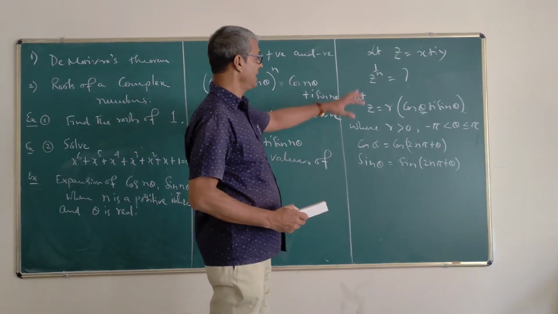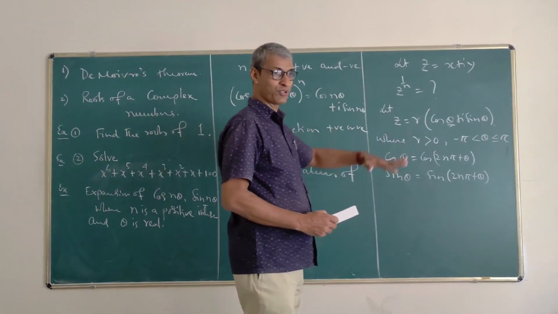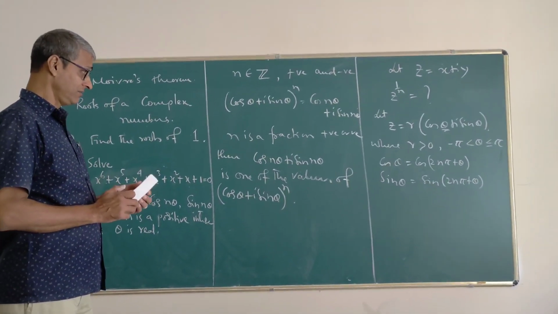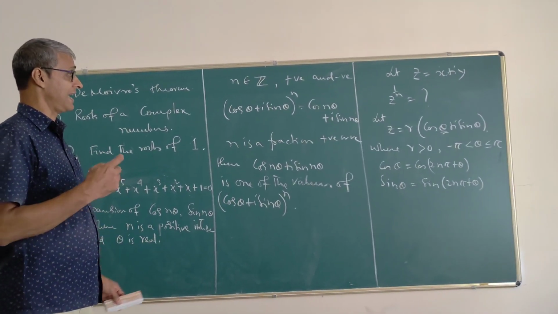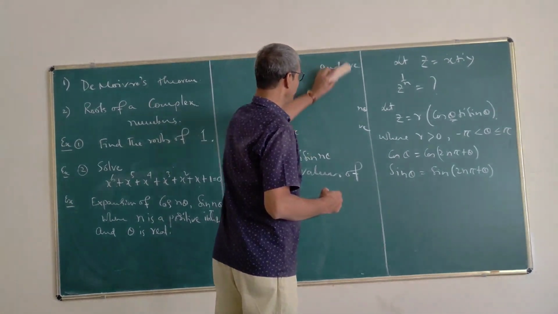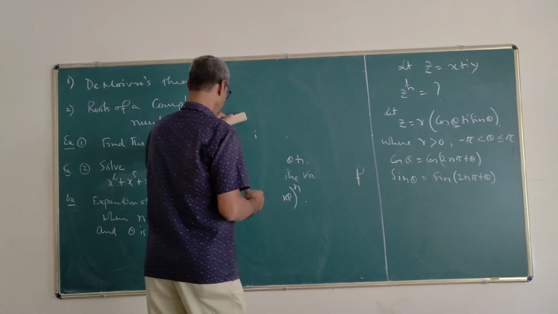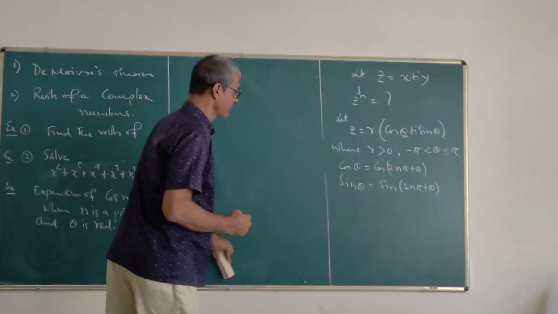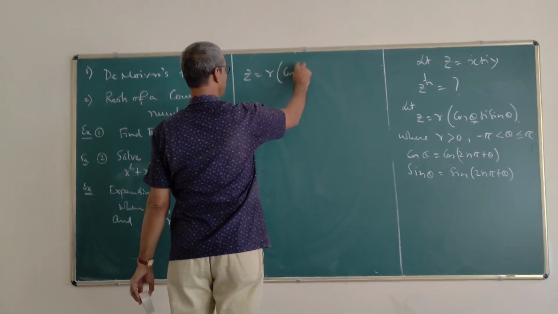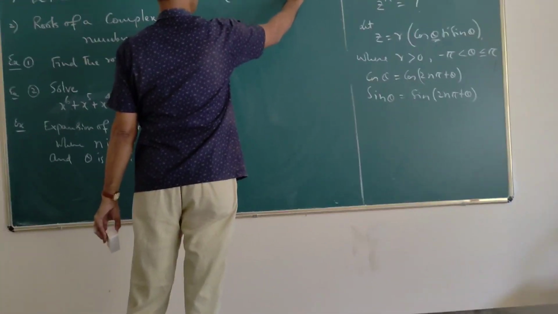So for nth root, we have n values of z. For those n values, we have to consider it this way. z is equal to r (cos theta plus i sin theta).